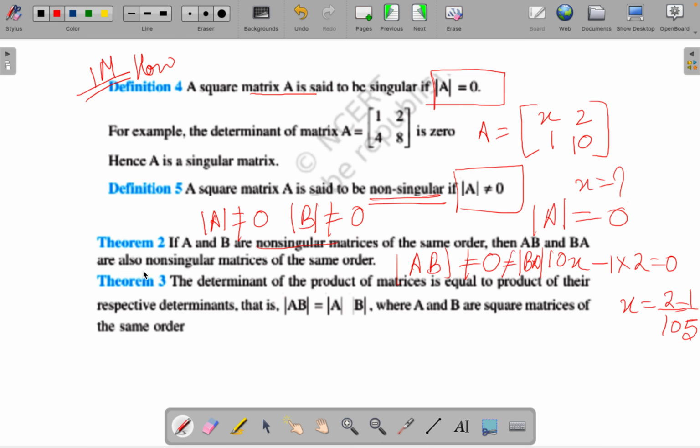So this is what is your theorem 2. This is just a mathematical proof, so there is no need, you should just know the fact.